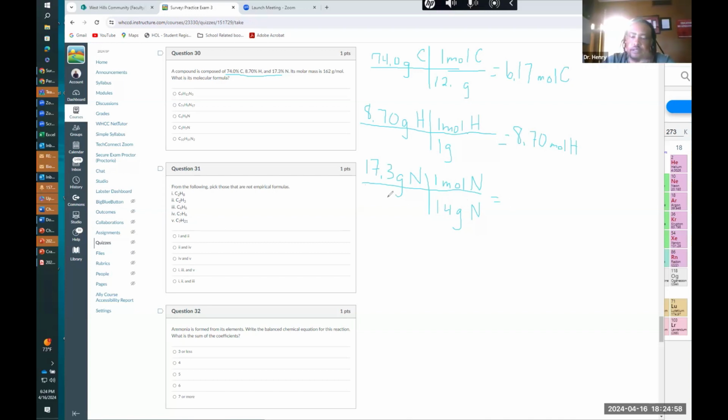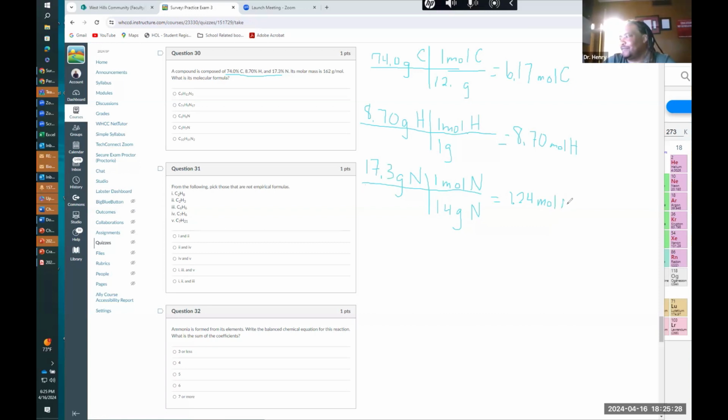And 17.3 is the second one, which is nitrogen, right? That's right. 17.3 divided by 14 is 1.24. 3 sig figs, right?